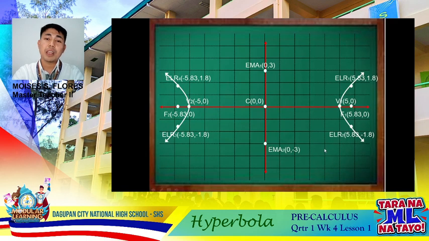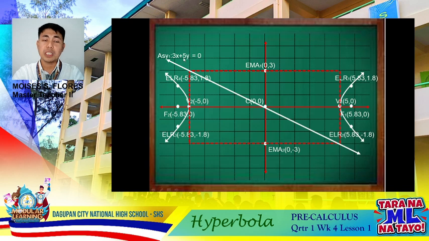Again, from our discussion a while ago, to sketch an asymptote, we draw a dotted rectangle from the 4 points from our vertices. So draw a dotted line out of that. And then from our co-vertices, there you have it, and it formed a rectangle. And out of it, we are now ready to draw our asymptotes that pass through the diagonal of this rectangle.